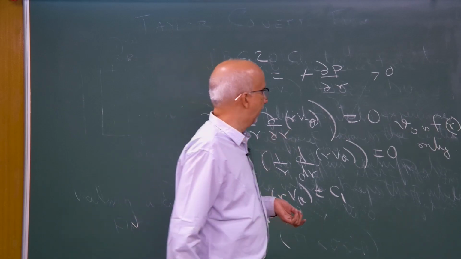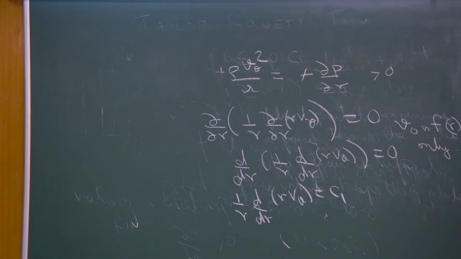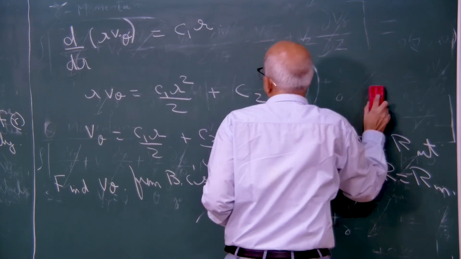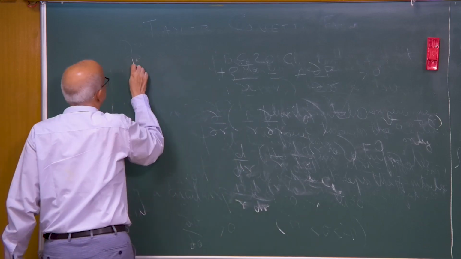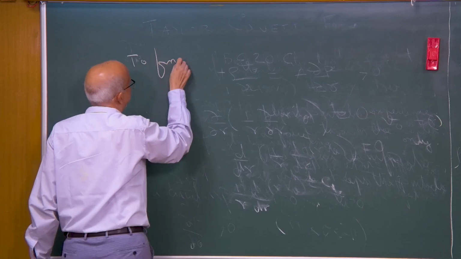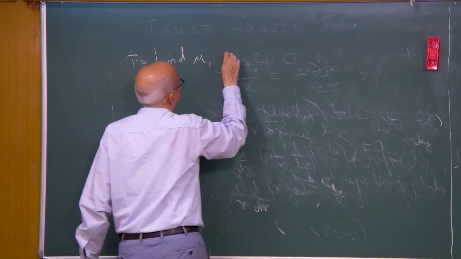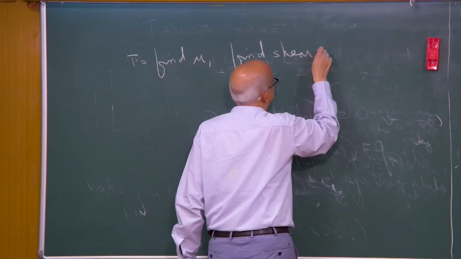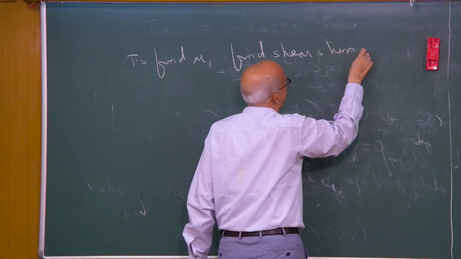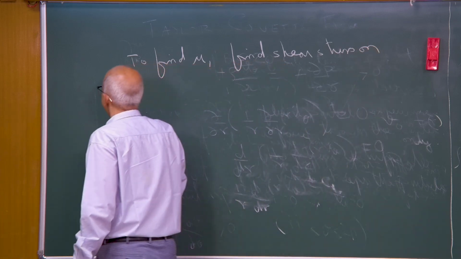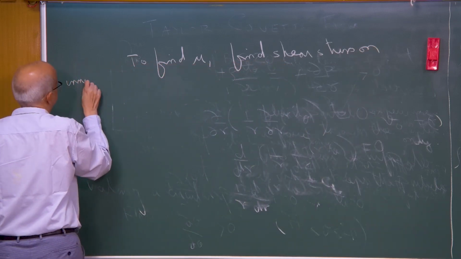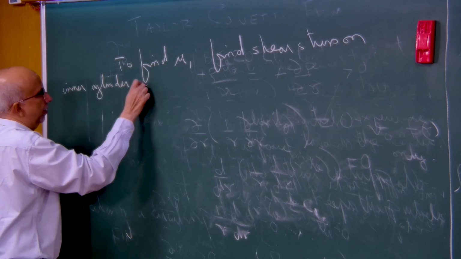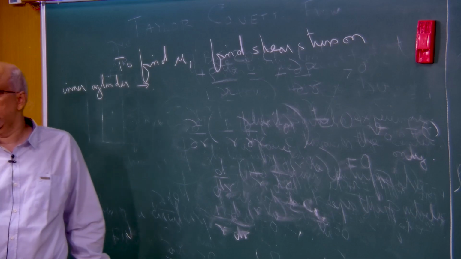okay, and the way you would find the viscosity is by looking at what is the shear stress. To find viscosity, find the shear stress on the inner cylinder, because the omega is constant, okay.